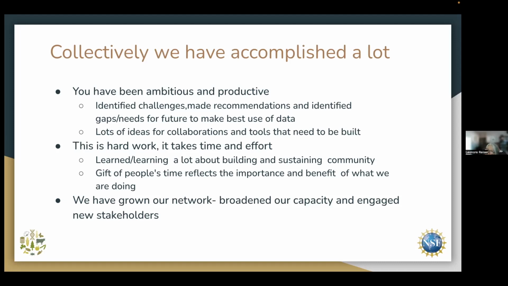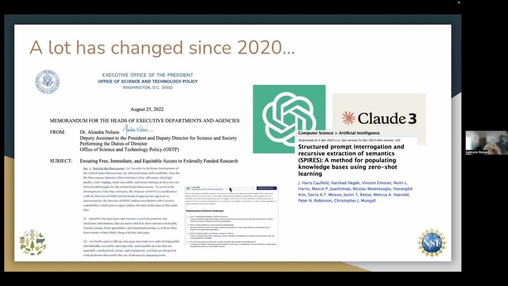This has been a lot of hard work and a lot of time that has been gifted to us. And we've learned and are still learning a lot about how to build and sustain this community going forward. And as noted, we have grown our network, and we've really increased our capacity, and that's been very gratifying.